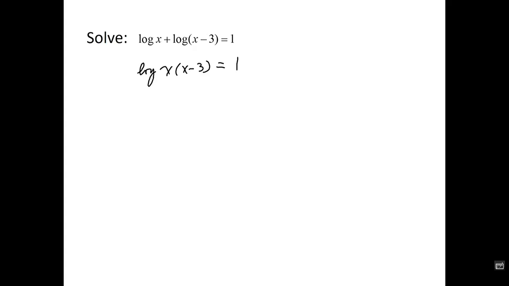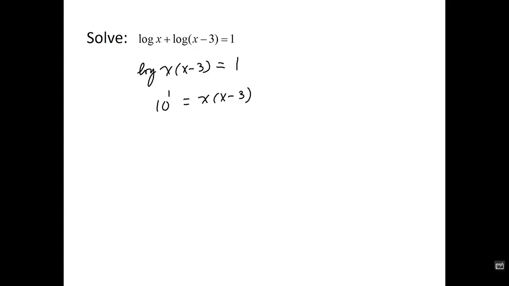All right, and since we have the common log, in other words, base 10, we can rewrite this in exponential form as 10 to the first is equal to x times x minus 3, just using the definition of a logarithm.